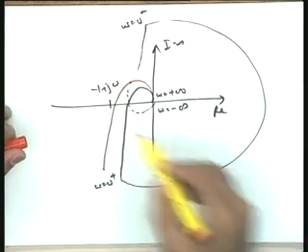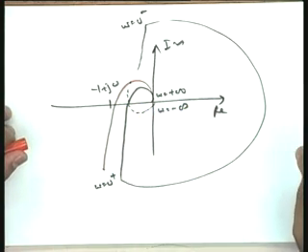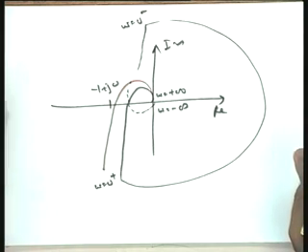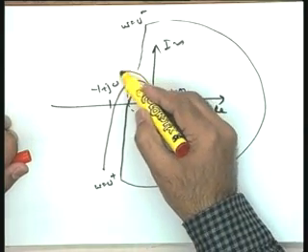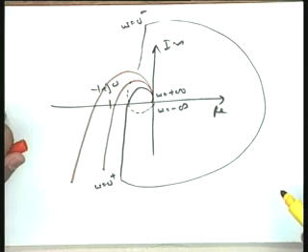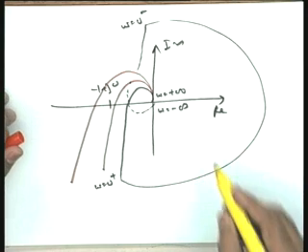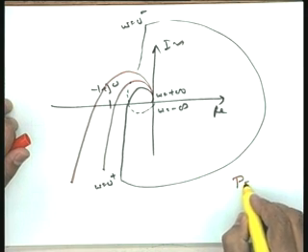this is closer to the -1 point, and therefore, there is more risk of the system going to sustained oscillations, that is, the system is more prone to instability. If you increase the gain so that it goes this way, naturally the system has become unstable, because now the -1 plus j0 point is enclosed, provided I am assuming that P is equal to 0.